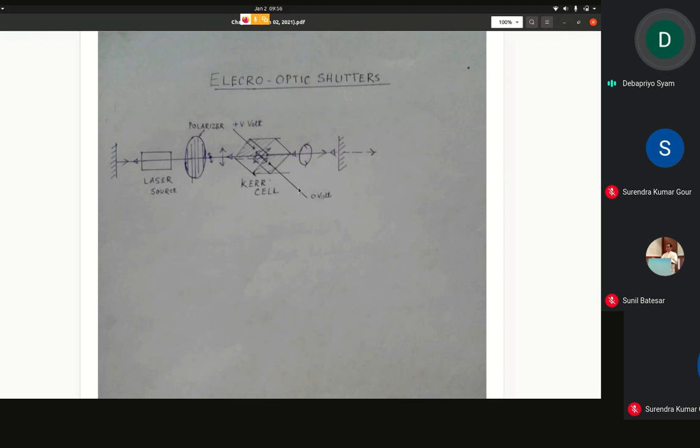So what comes out of the nitrobenzene cell as the radiation propagates from right to left is radiation which is polarized perpendicular to the incident direction of polarization.